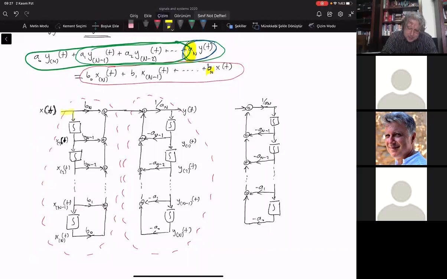I come from here and I go down, and there's an integration, and I go down and then another integration, and I go down, etc. So this yellow highlighted thing will happen now, starting from here, going down an integration, going down an integration, going down all the way to here with the last integration.